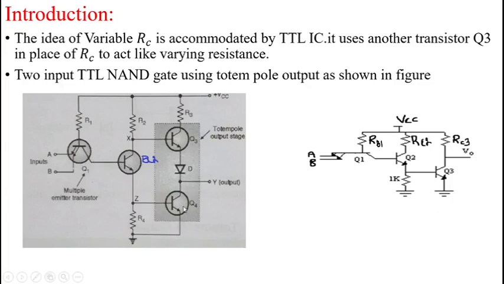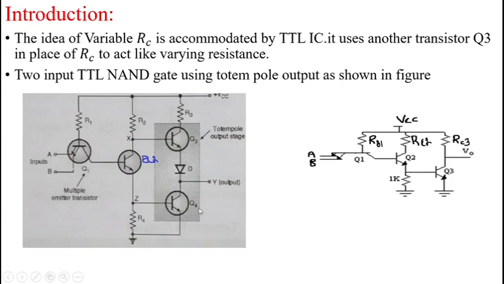And for example, when this Q2 transistor is on, logic 0 is given to the base terminal of this Q3 transistor and logic 1 is given to the base terminal of this Q4 transistor. So based on this switching action, we decide the inputs of these two transistors Q3 and Q4.